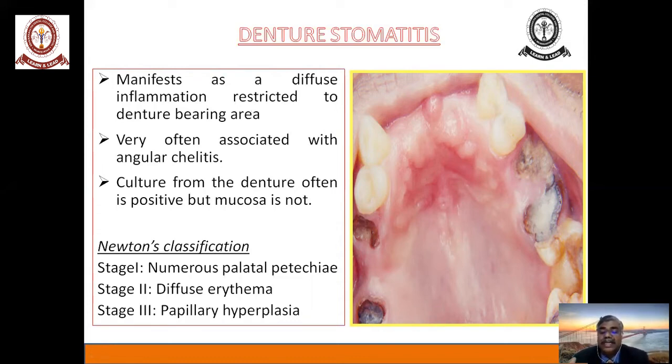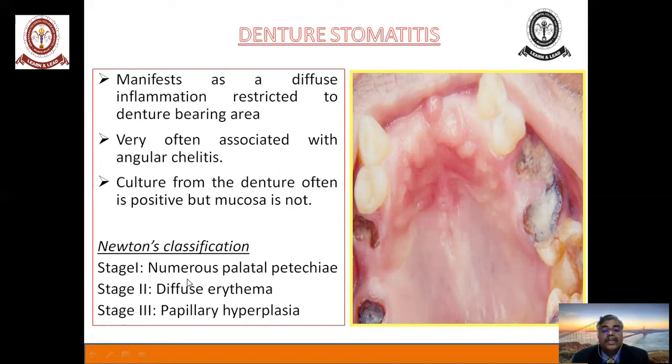The reason being there is a close adaptation of the maxillary denture with that of the maxilla, and the saliva is being pushed away so that the protective effect of the saliva is not there under the denture bearing area, and also the food accumulation makes that area vulnerable for fungal growth and infection. Based on Newton's classification, depending upon the area of involvement, denture stomatitis has been staged as stage 1, stage 2, and stage 3.